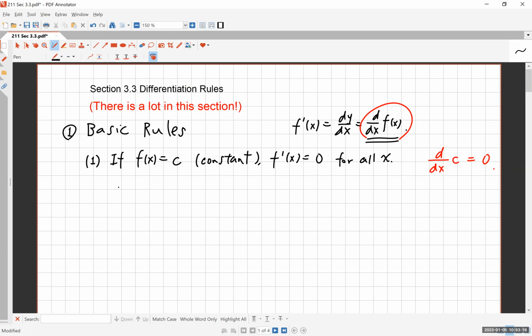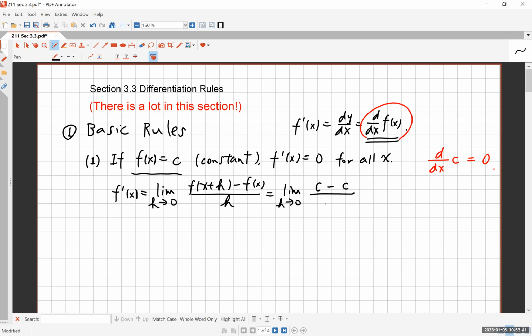So how do I prove this? I guess it's really easy, right? You assume this. What's the derivative? It's the limit as h approaches 0 of f of x plus h minus f of x all over h. But remember, f is constant here. So f of anything is just c, and f of x is, of course, c.